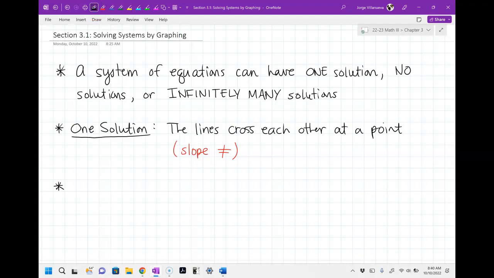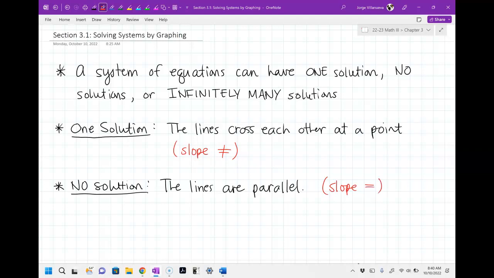All right, second one. No solution. Okay? So it'll have no solution if the lines are parallel, which means that their slopes are the same.